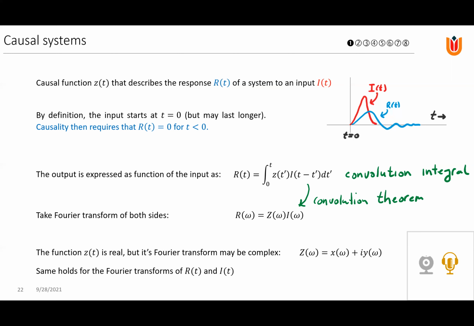So the same thing holds for the Fourier transforms of the response function and the input function. To put it in another perspective, if you describe something in the real domain, in the physical domain, so where things actually happen, then we're dealing with real functions.